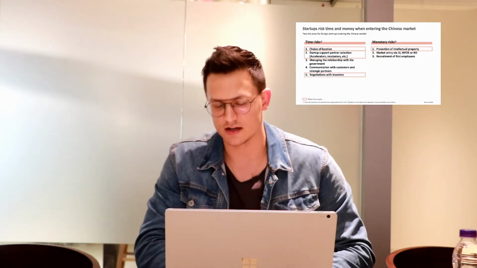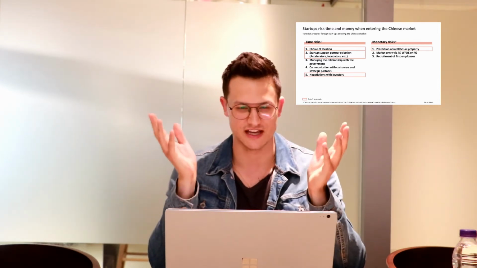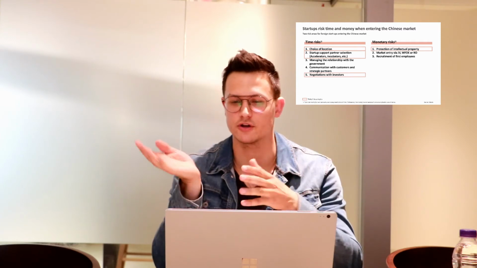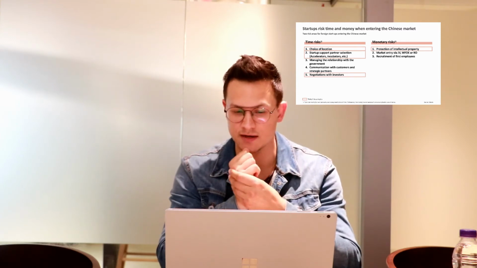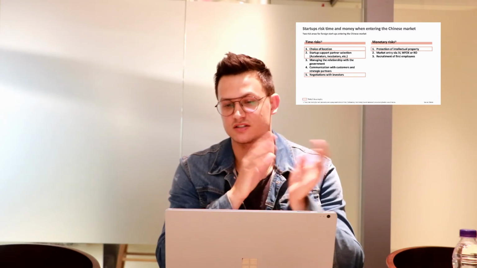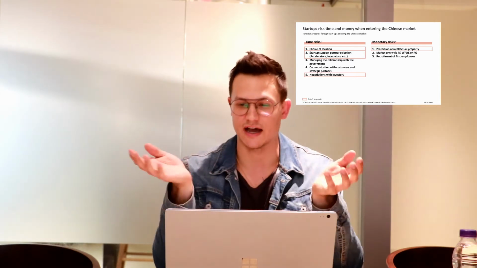So first thing, here is a little bit of an overview of what we're going to talk about. Generally, when you talk about risks, we try to come up with a classification that makes some kind of sense, okay? So we said there are time risks and there are monetary risks. What does that mean? Time risks for us is generally when a startup comes over to China and the main thing they lose is their time, okay?